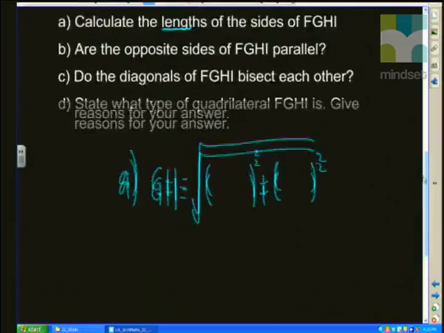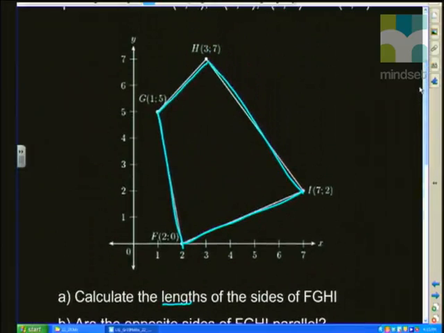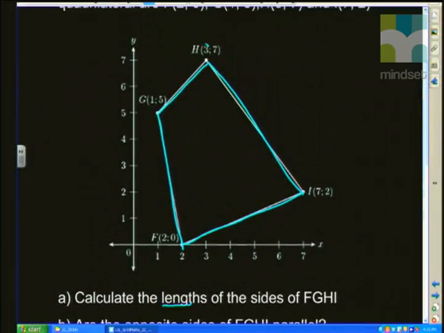All right, so let's look at GH. I'm going to say the x-coordinate at H minus the x-coordinate at G, and square that entire thing. Then it's plus the y-coordinate at H minus the y-coordinate at G, and square that entire expression.